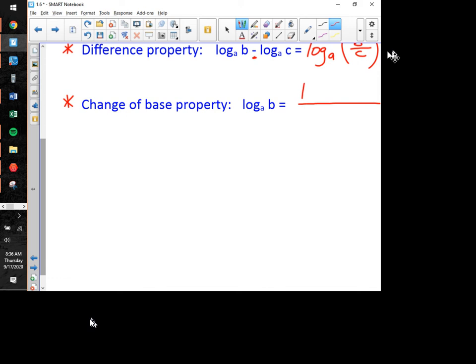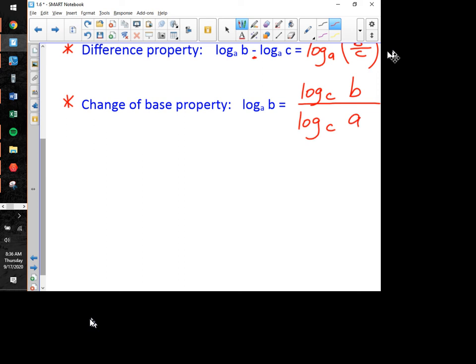It doesn't have to be A or B. So we're going to change this to a log base C of the original product, which is B, divided by a logarithm of the same new base as you used on the top, but now, this is weird, the base of the original logarithm now becomes the product of the logarithm down there on the bottom.